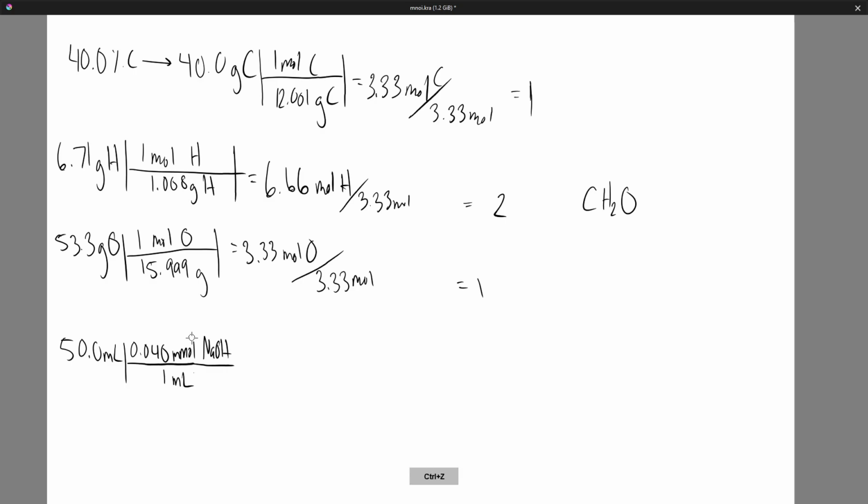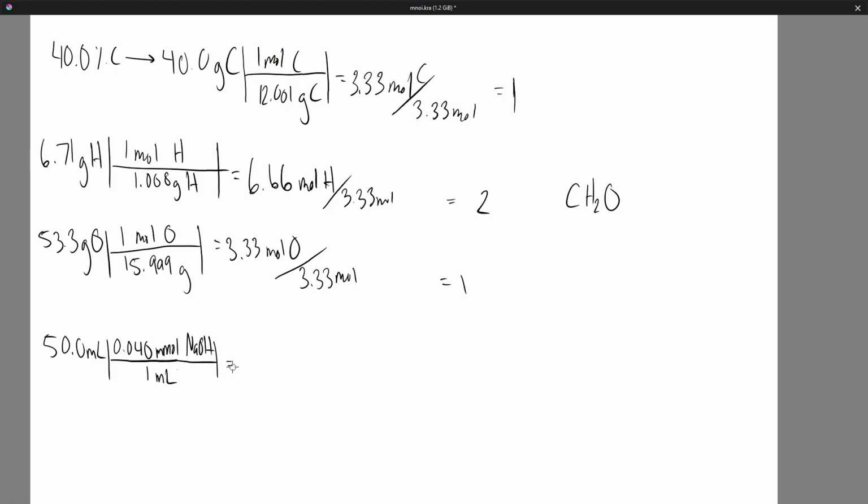But since we scaled it down to millimoles to match the prefix here for milli, we can do that. So doing that, we get 2 millimoles of NaOH. Okay, so now if you look at the problem, we're given 1 millimole of the unknown acid. So if we divide the millimoles of NaOH we just got by the millimoles of the acid, we get a whole number multiple of n, which is just 2.